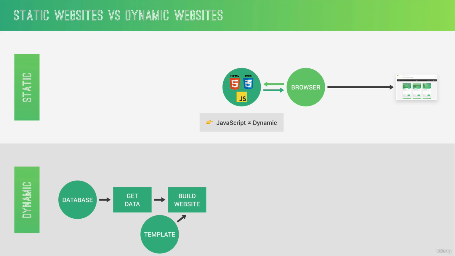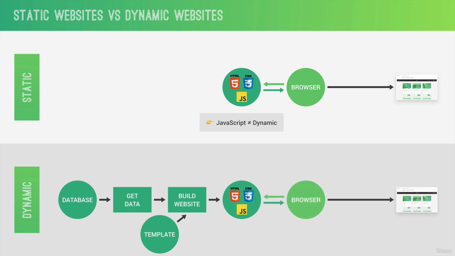So each time a browser requests a page, that page is then built as HTML, CSS, and JavaScript files, which will then be sent back to the browser. This whole process is sometimes called server-side rendering.